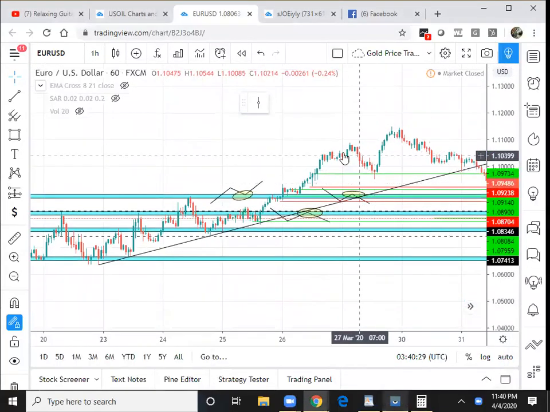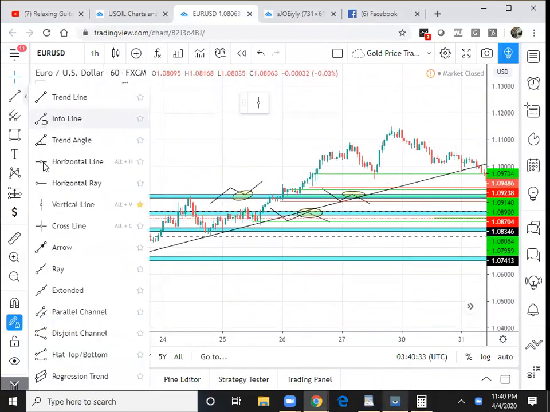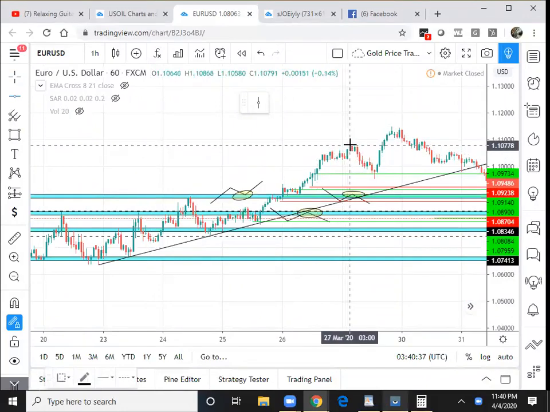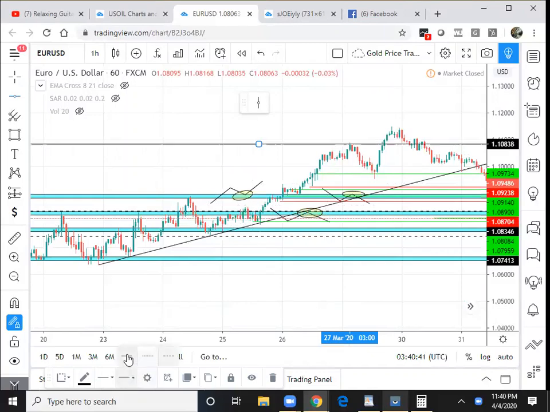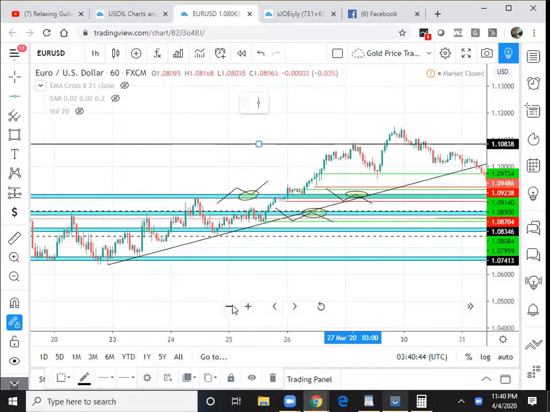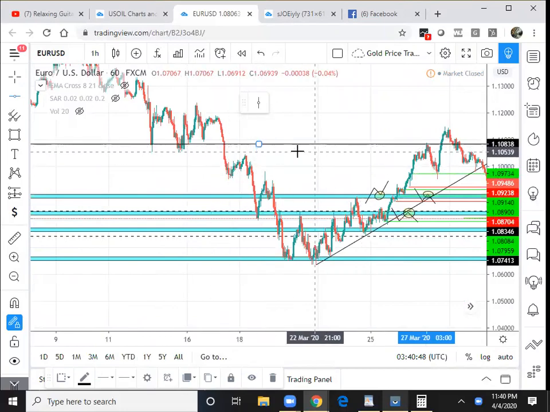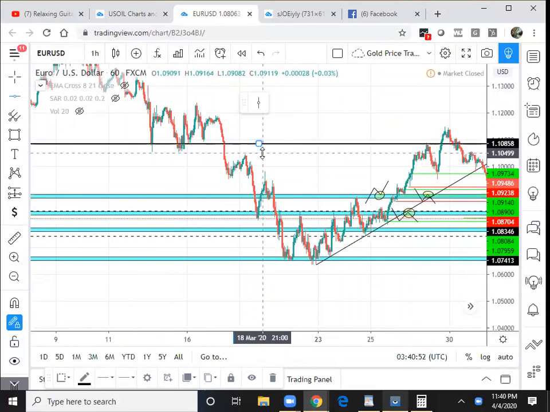Now, I could tell you that here was a resistance. It's just that it's not drawn there right now. If you go back in the history, right, you will see that this was a resistance area.